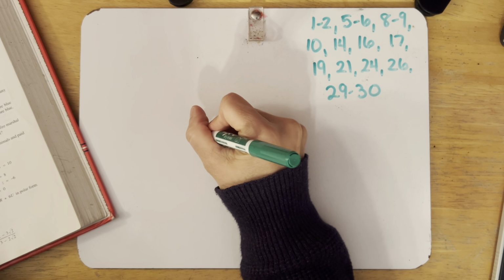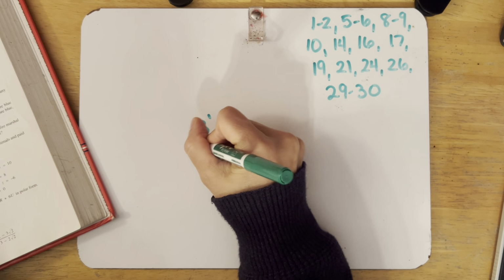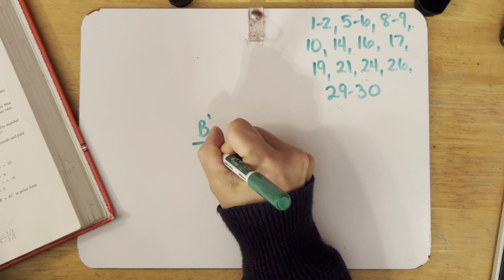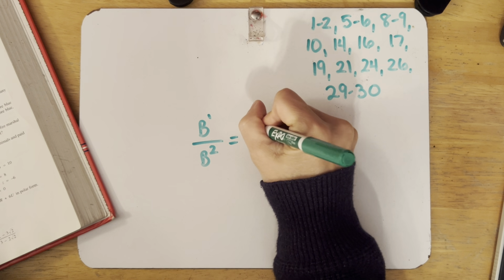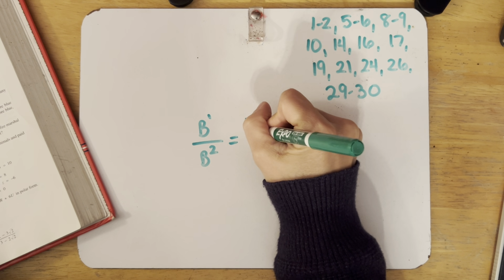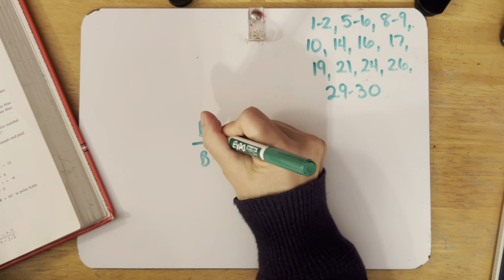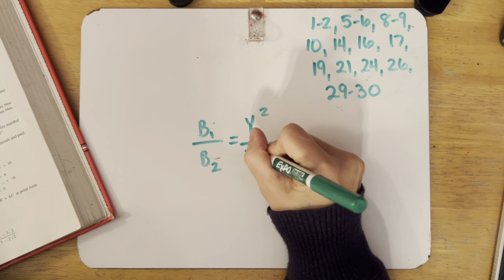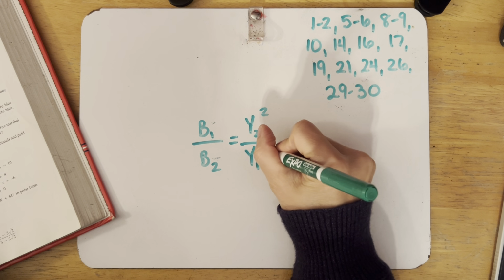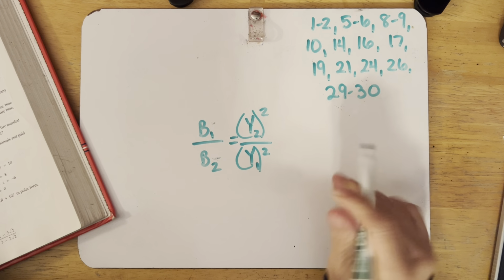Okay, so I'm thinking of this as blue 1 over blue 2 equals, and then it's inverse. So yellow 2, I guess I'll have to write these as subscripts because I have squared. Yellow 2 squared over yellow 1 squared. I guess I'll put parentheses. Maybe that makes it more obvious.